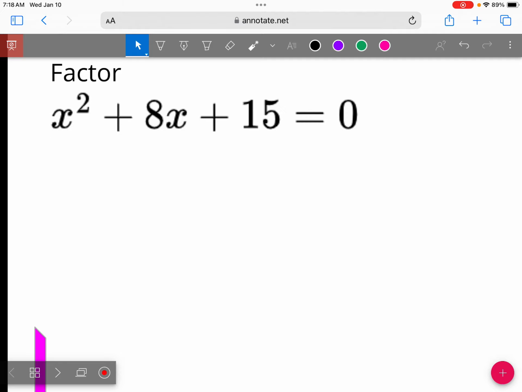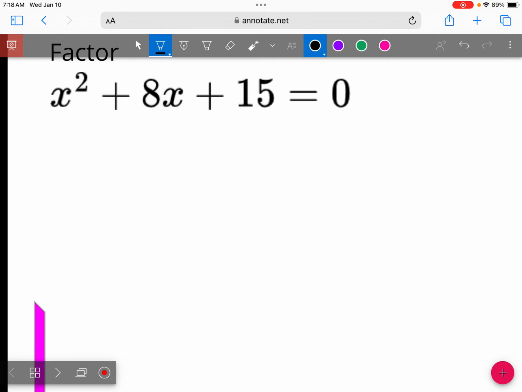So we're going to do the X in box thing, where we draw our X. We put our A times C at the top, our B goes at the bottom.